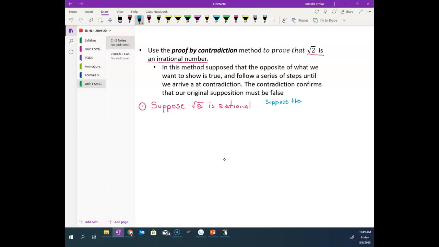Suppose the opposite of root 2 is irrational.